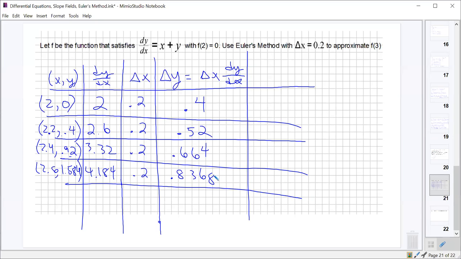Next value then should be 2.8, and then whatever 1.584 plus 0.8368 is. 2.4208. And add those together, we should get 5.220.